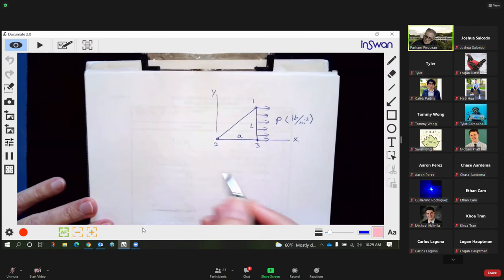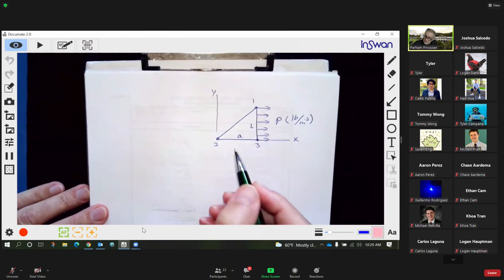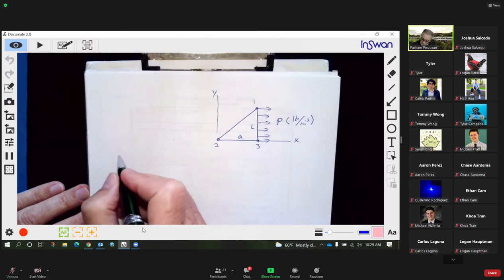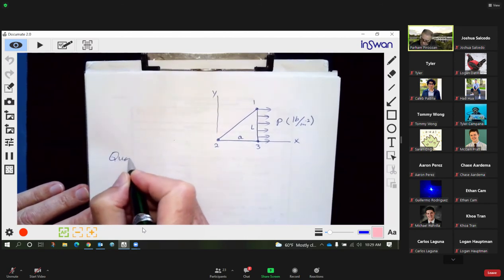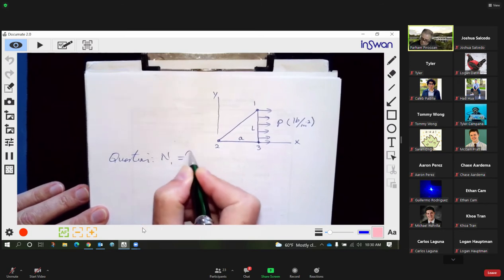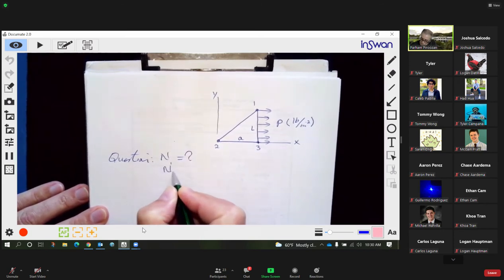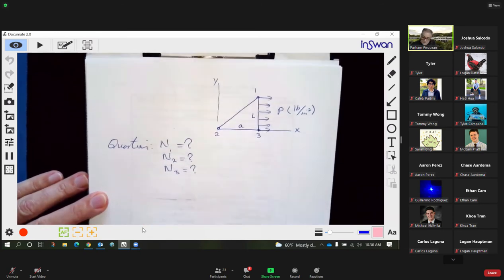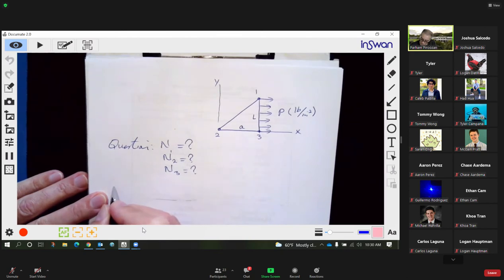To this, we need these N1, N2, N3. What is N1? What is N2? And what is N3? To answer this question, let's look at this one.